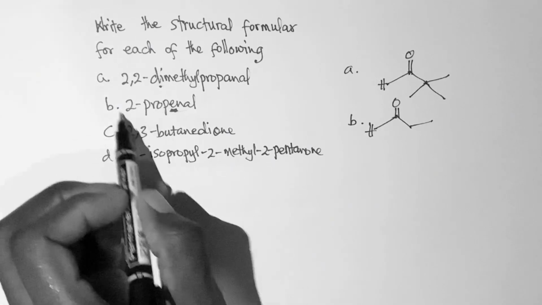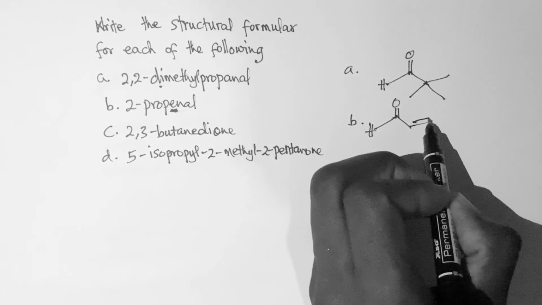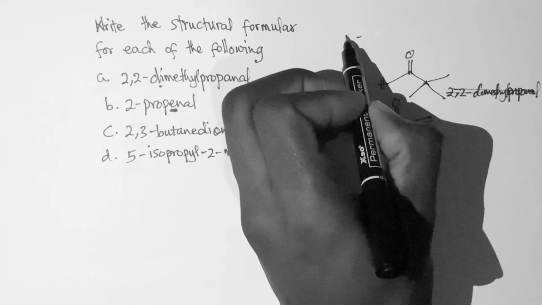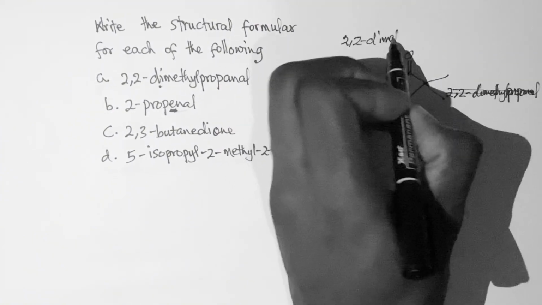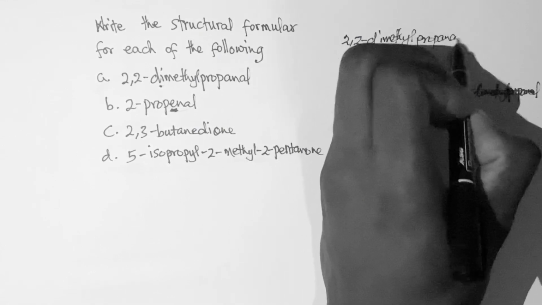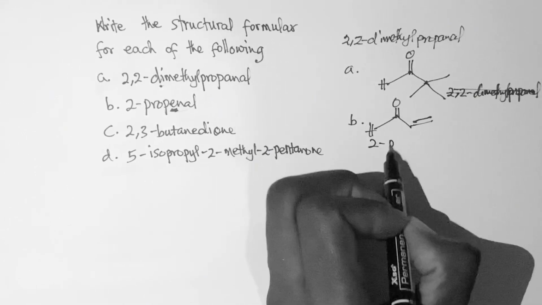And then we have an alkene functional group on carbon number 2. So the alkene functional group is supposed to be here. So the first one is 2,2-dimethyl propanal. And then the second one is a 2-propenal.